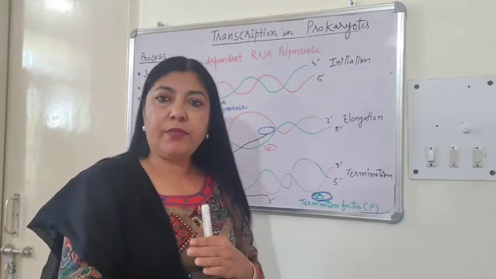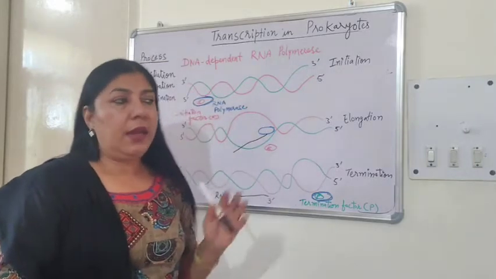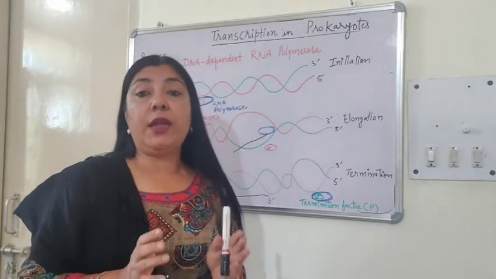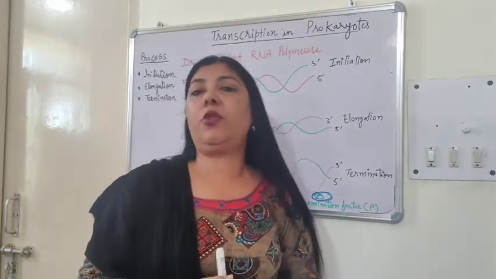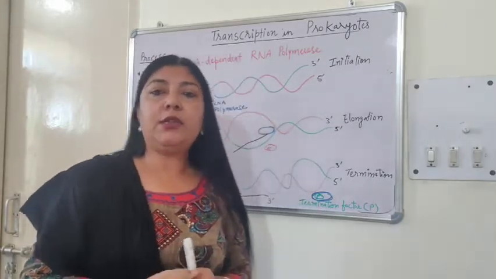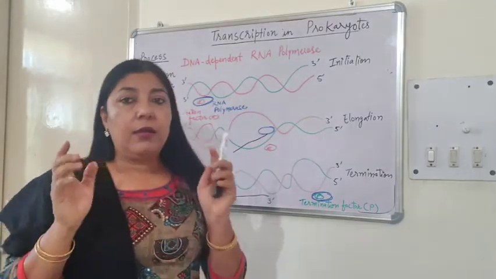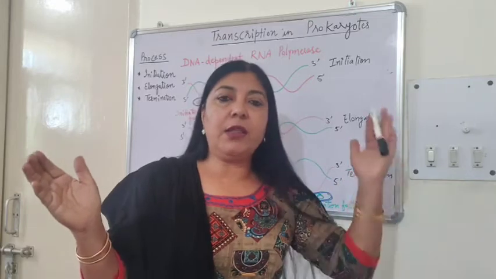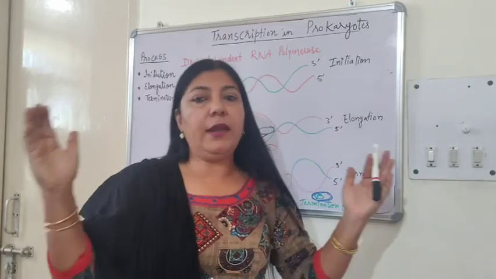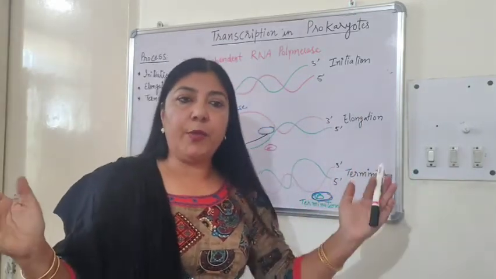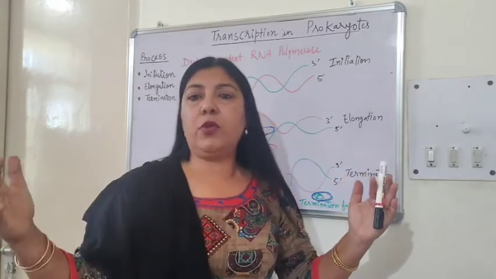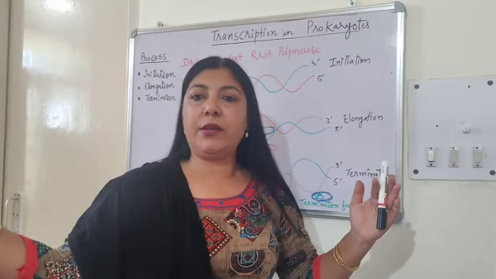Second, in case of prokaryotes, the transcription unit is polycistronic. Polycistronic means there are many cistrons in between the promoter and the terminator. So promoter, cistron 1, cistron 2, cistron 3 and so on, and ultimately terminator.